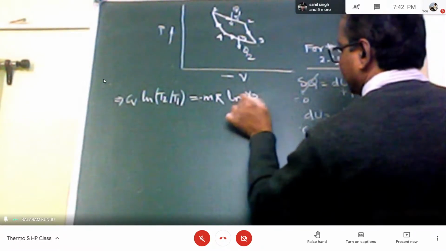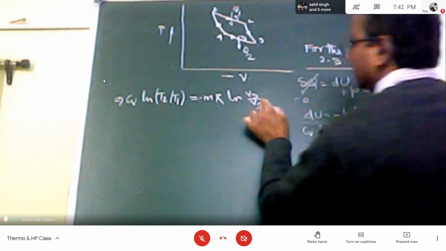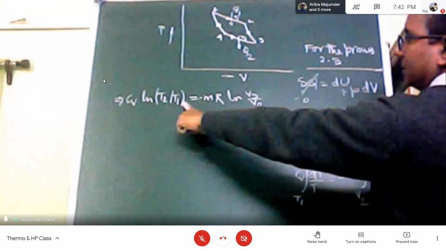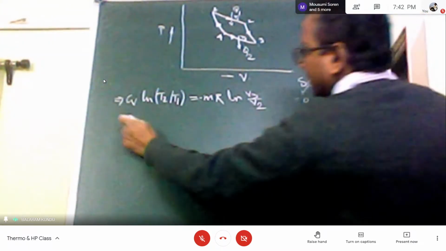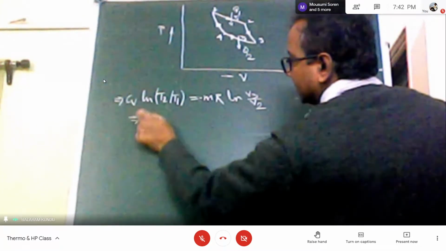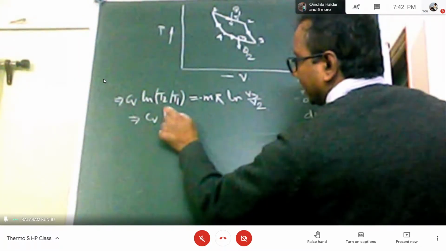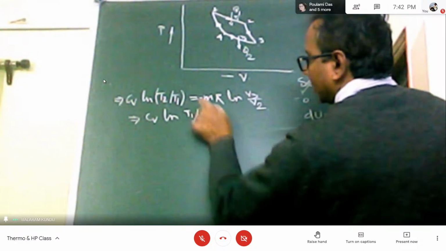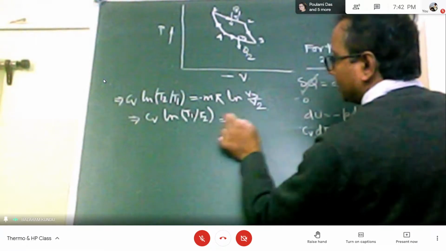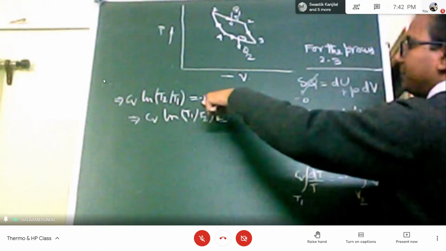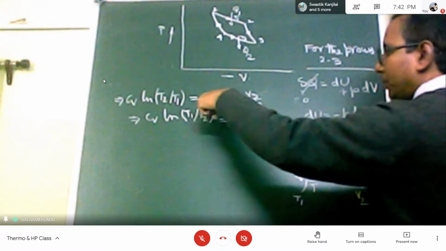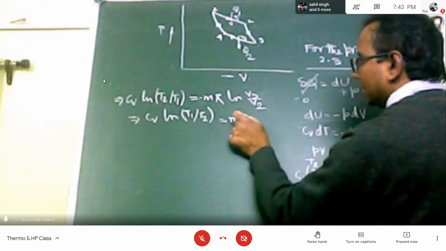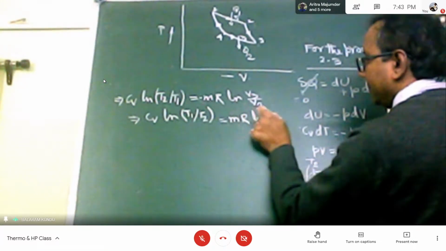T2 is smaller than T1, so you can express it as Cv ln T1 by T2, which should be equal to, removing the negative sign so that it is positive, nR ln V3 by V2.